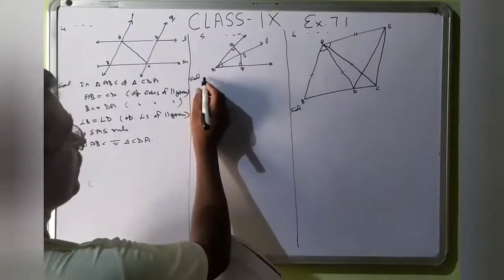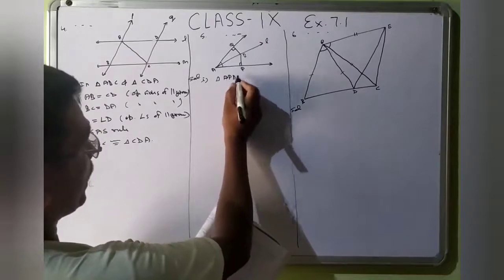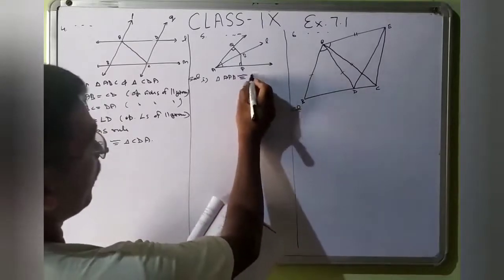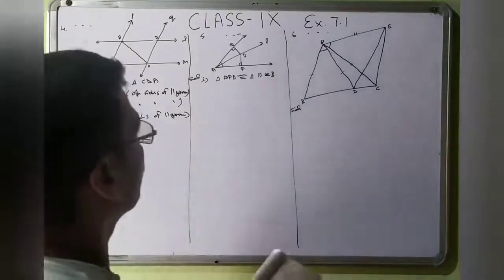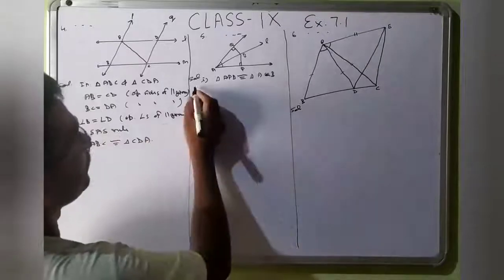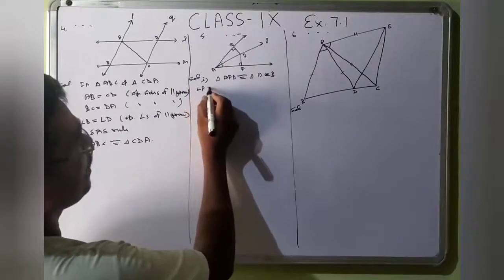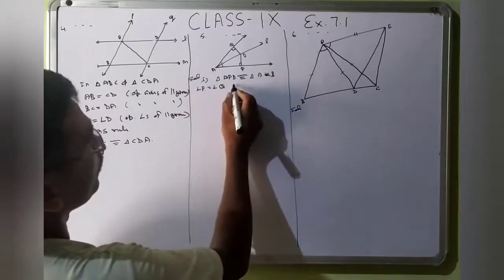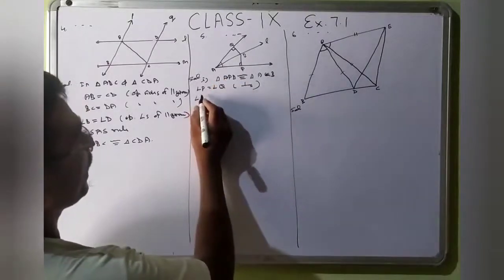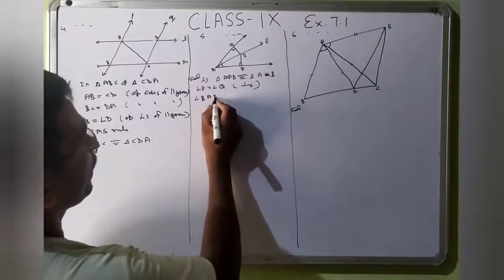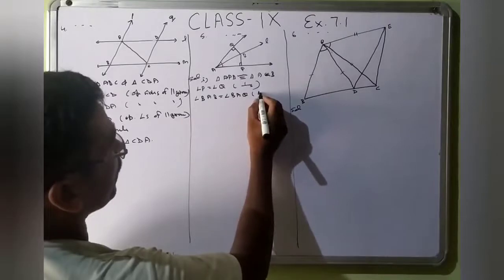So the first part is triangle APB congruent triangle AQB. So angle P is equal to angle Q by perpendicular, 90 degrees. Angle BAP is equal to angle BAQ by bisector.